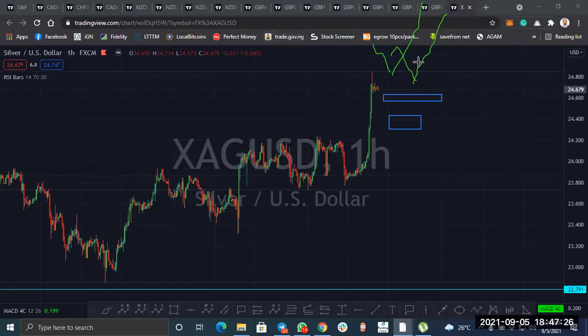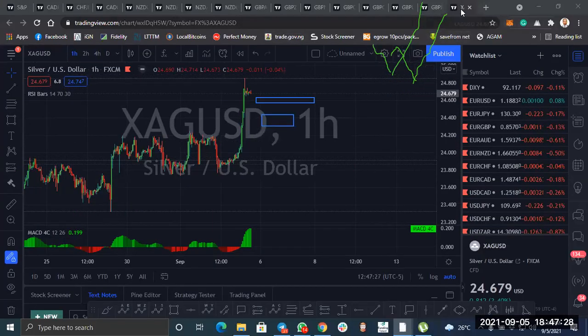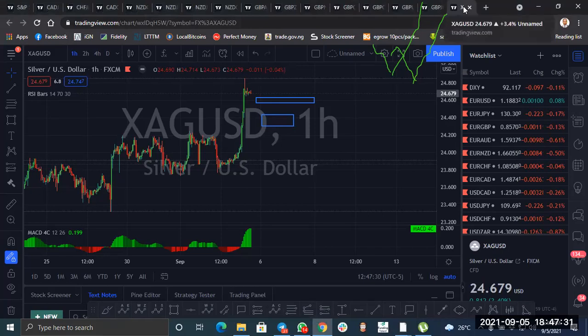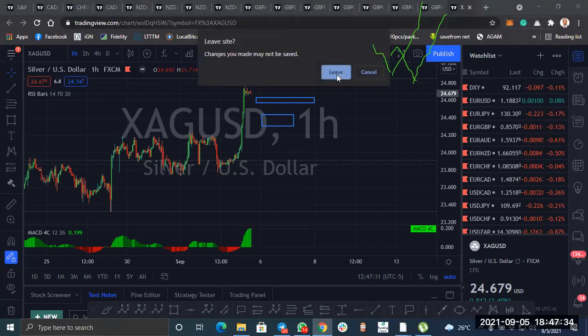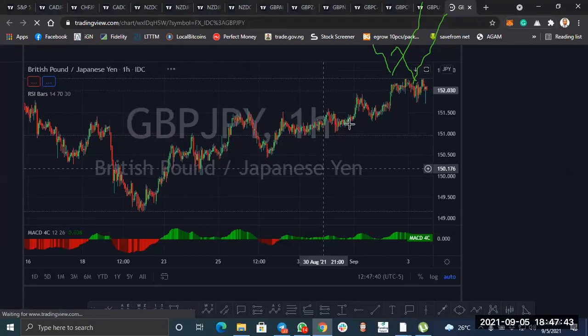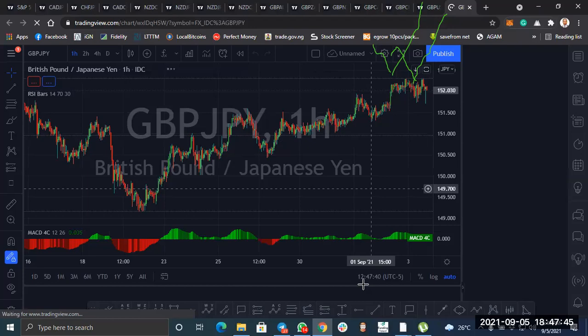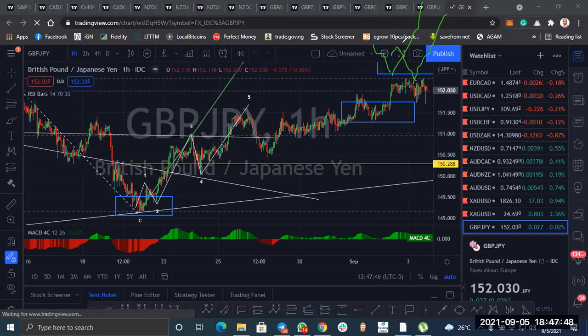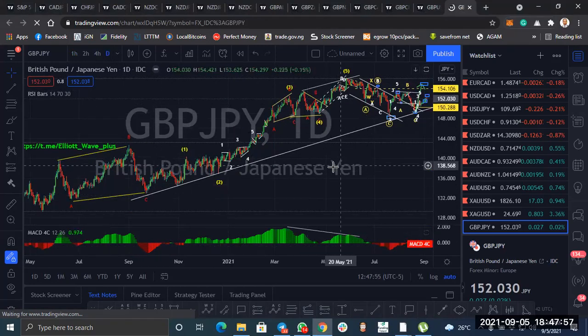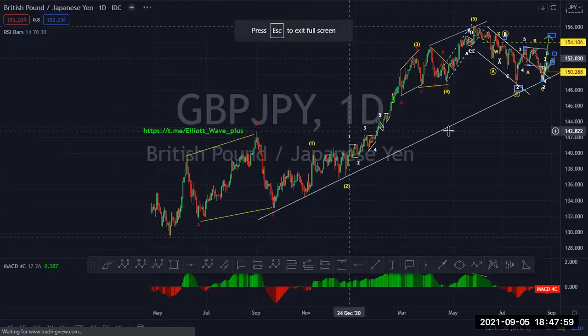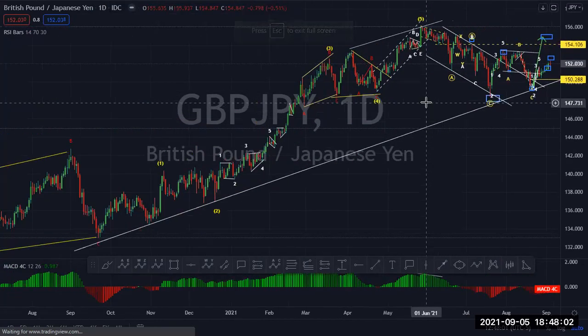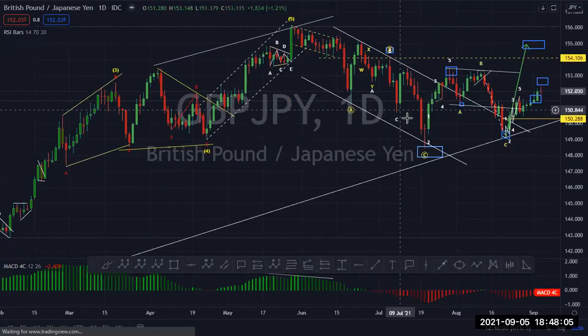The next is we are going down to pound space now. Pound JPY.